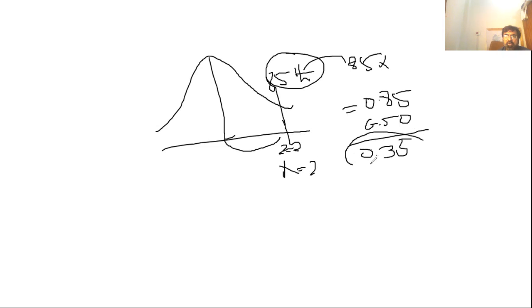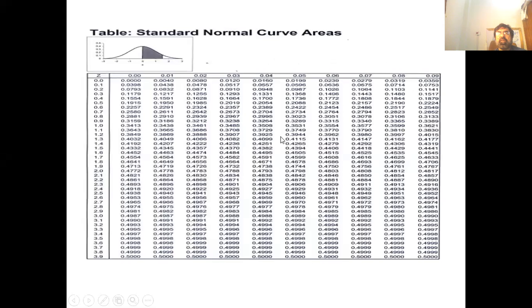Now we will look this area 0.3500 in the Z table, and we will determine the Z value. 0.3508 becomes the nearest area, and this area falls below 0.04 and 1.